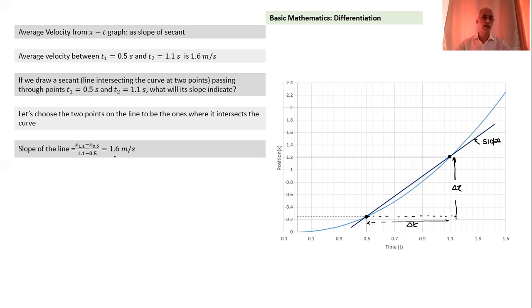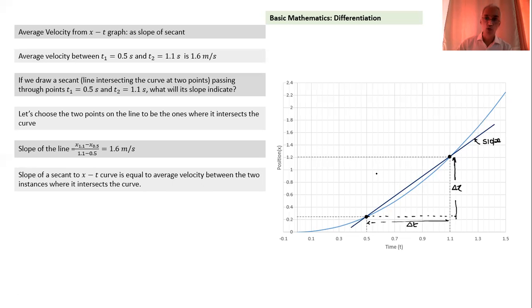It is exactly the same expression we had on the previous sheet. So what is the slope of the secant? The slope of the secant is equal to the average velocity between exactly which 2 instances? The 2 instances where it intersects the curve. That's an important inference we can draw here: the slope of a secant to the x-t curve is equal to the average velocity between the 2 instances where it intersects the curve.